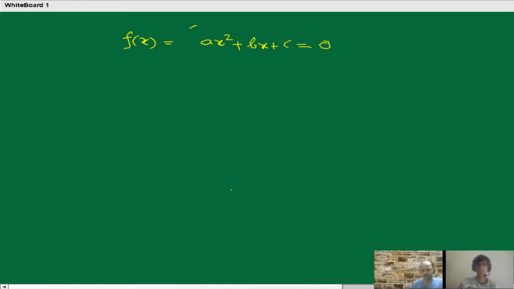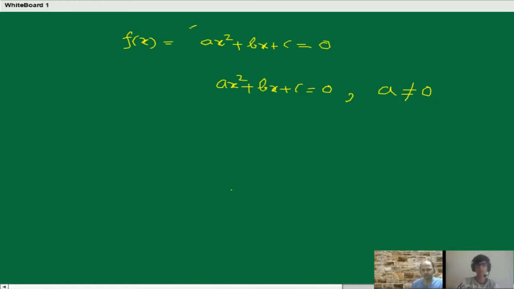Very good. But first, what we have to keep in mind when we write any quadratic is that the leading coefficient a shouldn't be equal to 0. That would be the first thing we have to keep in mind.